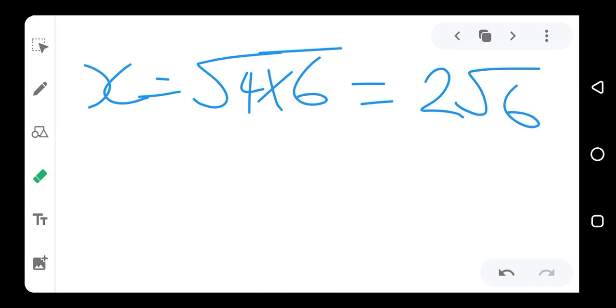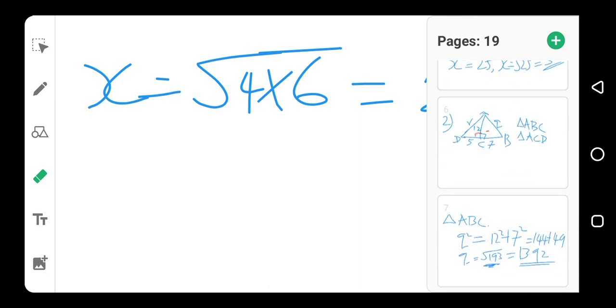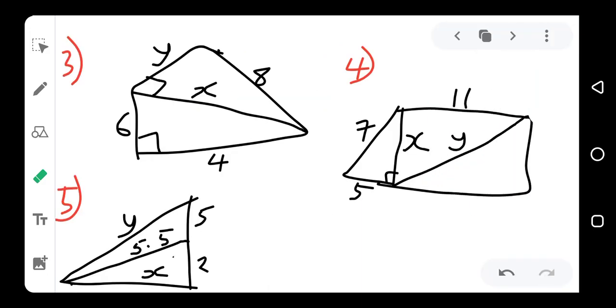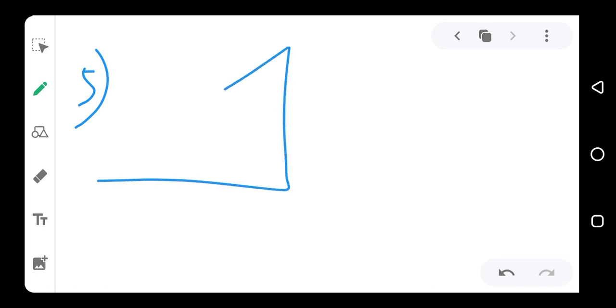Now, for the last one, the last one is this structure. Okay, let's draw it. To draw that we have number 5.